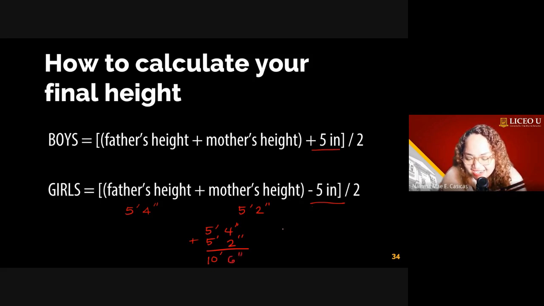Then if I remove 5 inches, that will be 10 feet 1 inch. Then divided by 2, this will be 5 feet and half an inch. I'm only 5'1". That is so correct.